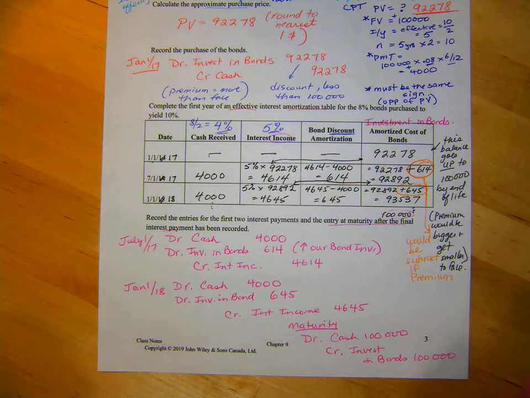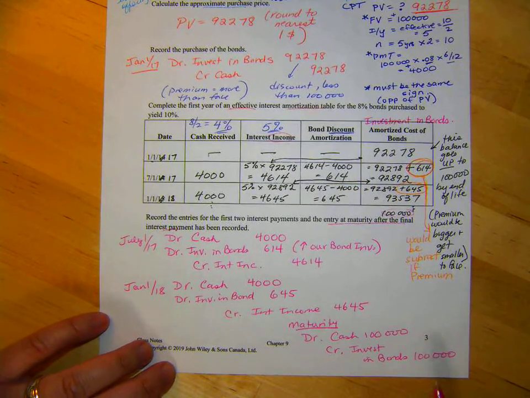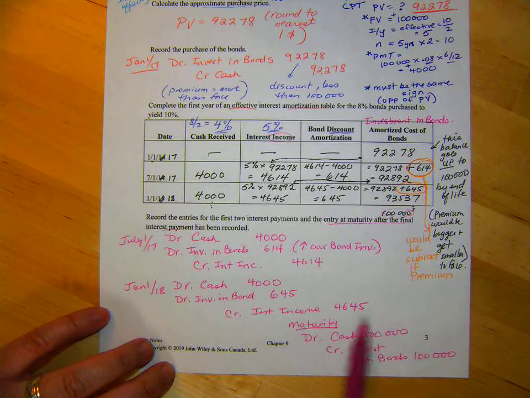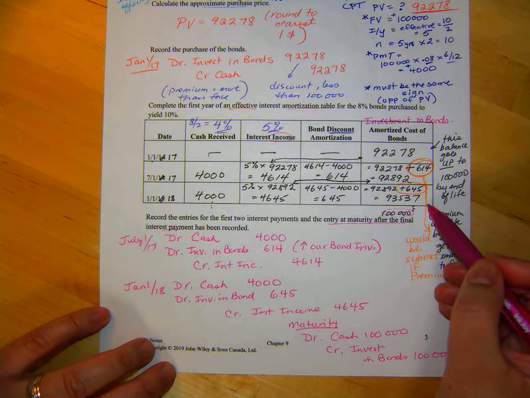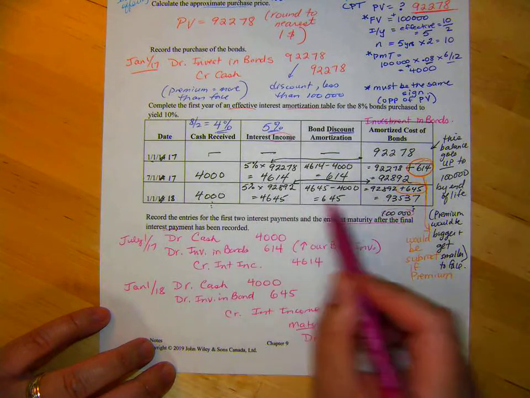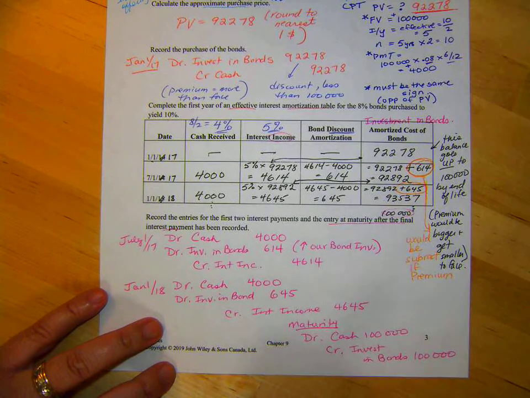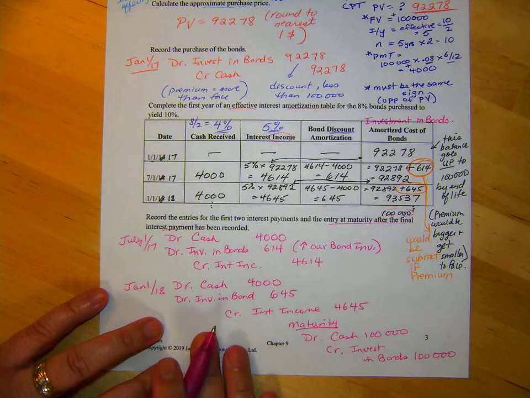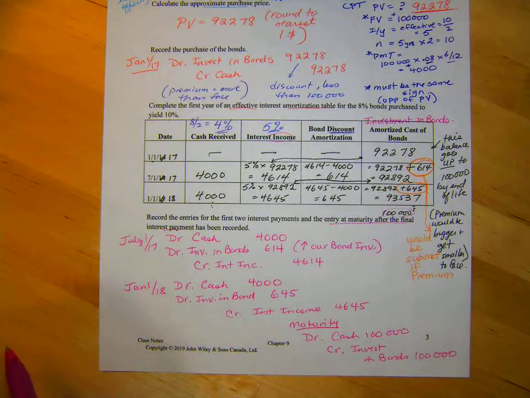Now, I'm not going to worry too much about doing it, but if we sold it, let's say we sold it right here, and we sold it for 25,000, you'd fill in all of this and how much you got, and then you'd have a gain or a loss, okay? We're not going to worry about that too much on the investment side of the bonds. Where you will do it is in 316 when you have bonds that you issued and they're redeemed early.